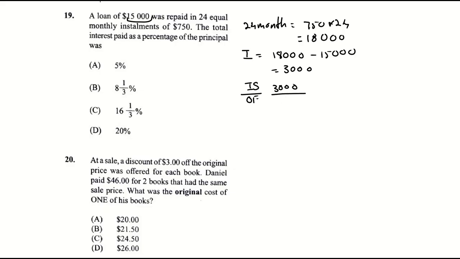Principal. What is your principal? The loan, 15,000, sorry. You want to find a percentage, so you multiply by 100 over 1. Cross this off, 3 into 3 is 1, 3 into 15 is 5, 5 into 5 is 1, 5 into 100 is 20. So the answer is D.